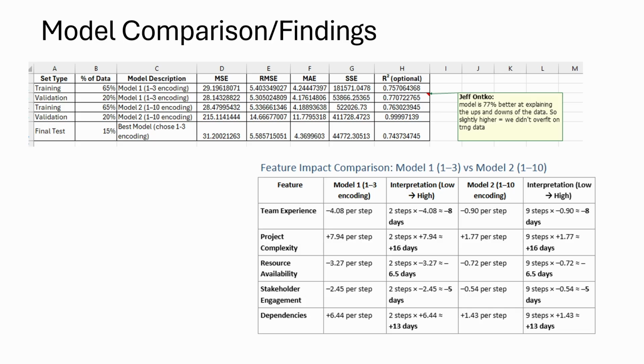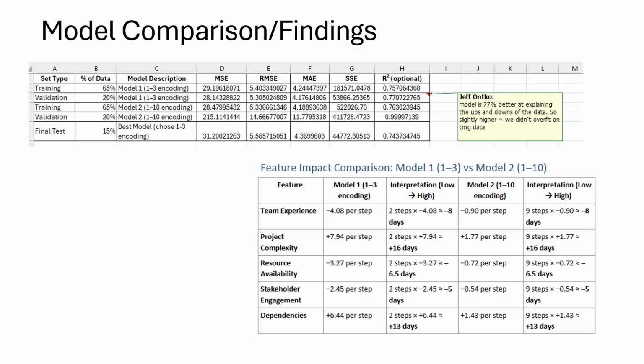However, as you see there in the comparison and the findings, the coefficients shrank in size quite a bit. The total effect stayed the same. So for example, in the 1 through 3 model, the complexity had a coefficient of about 8 days, or 7.9.